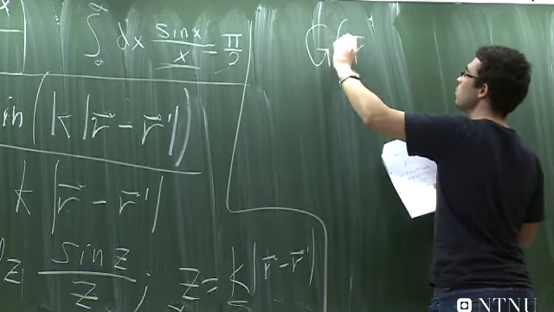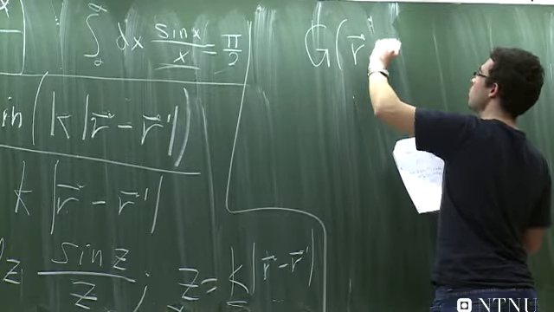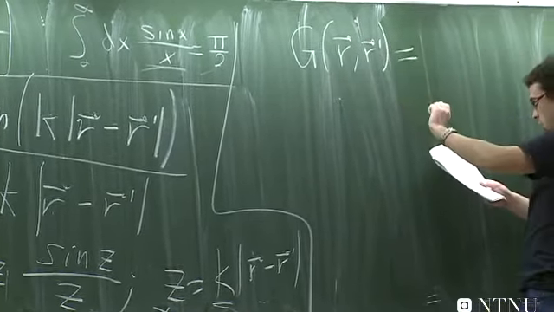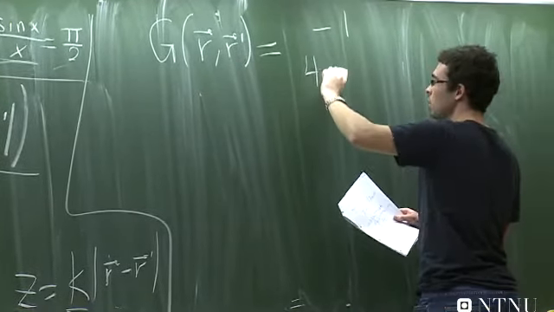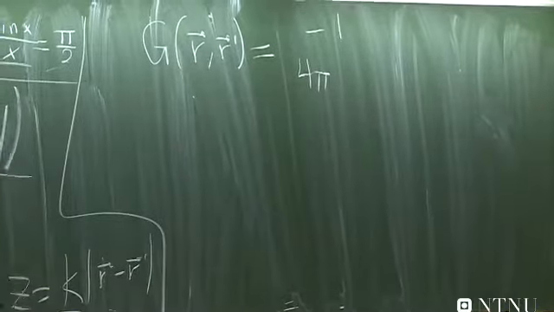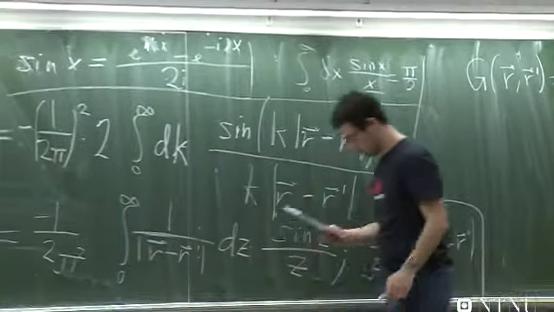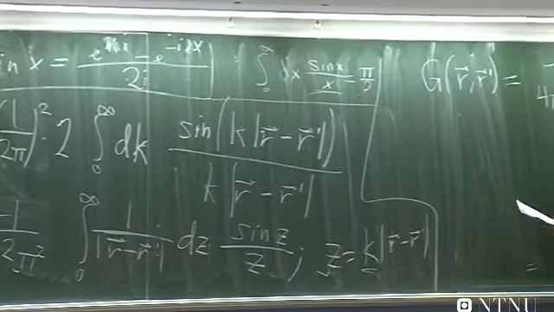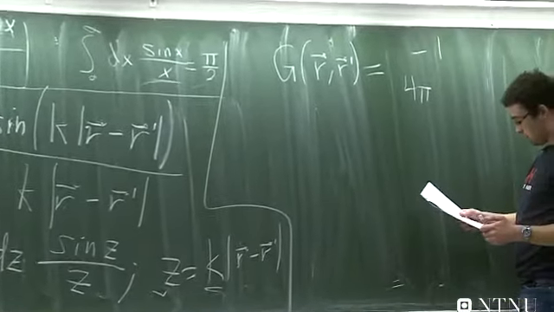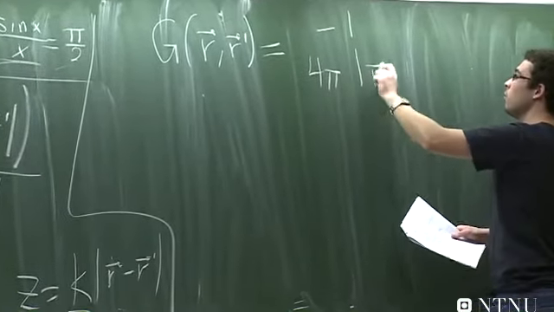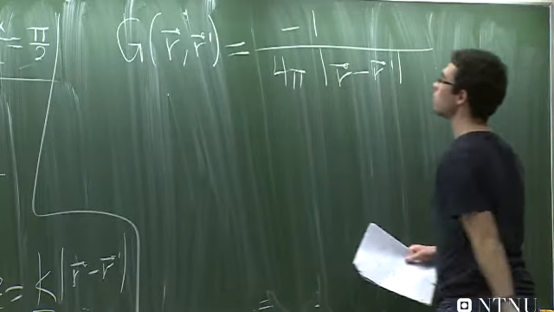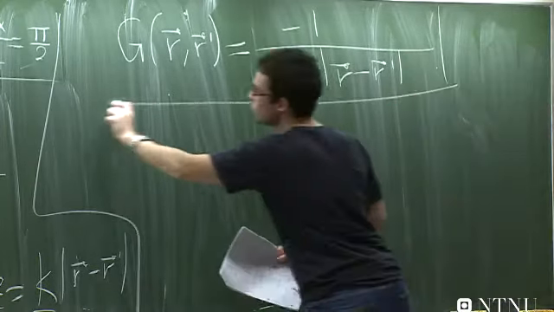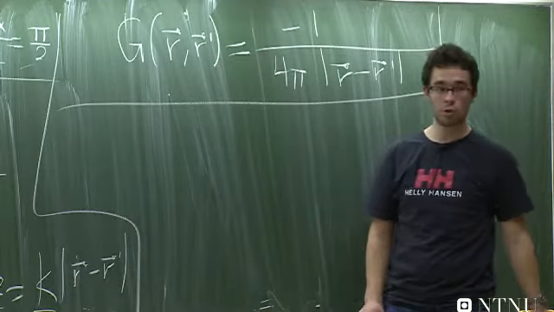Finally. And it's equal to minus 1 over 4 pi. I think there should actually be a minus sign here, but never mind the prefactors, right? So 1 over |r minus r prime|. There you go. We finally found the Green's function for the Poisson equation.